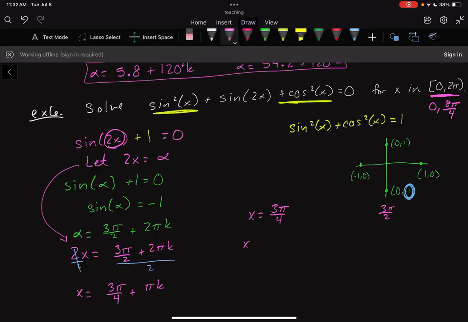So let's see if we do 3 pi over 4 plus pi, will I get another answer? 3 pi over 4 plus pi can be written as 4 pi over 4, which would be 7 pi over 4. That is smaller than 8 pi over 4, so it is an answer. So these are going to be my answers for this question.